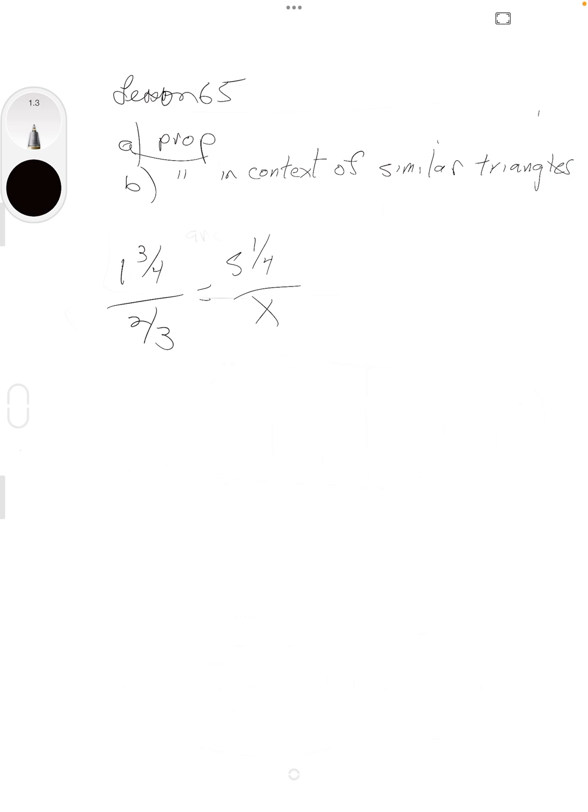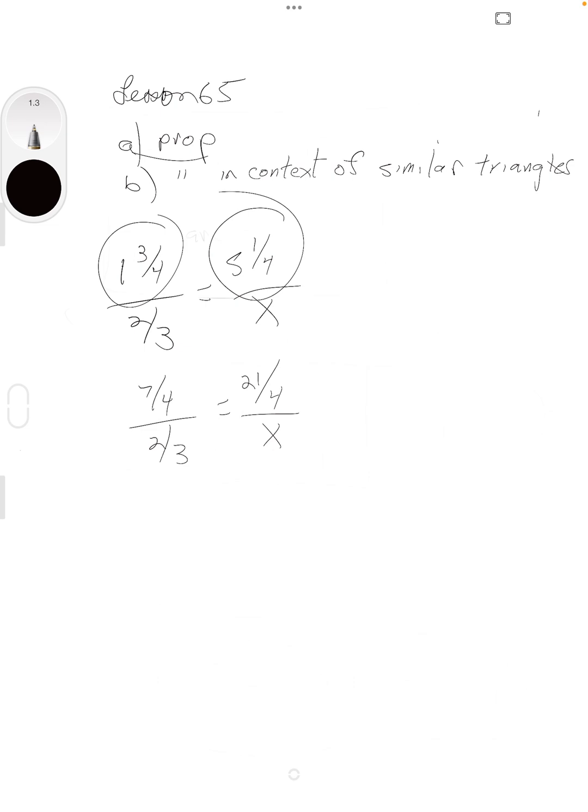So 1 times 4 is 4 plus 3 is 7/4 over 2/3 equals 5 times 4 is 20 plus 1 is 21/4 over x. These mixed numbers here and here, we just don't do, so we turn them into regular fractions. Then, if you remember the move swap concept, or the cross multiply concept, if I want to find out what x is, I just need to get x by itself.